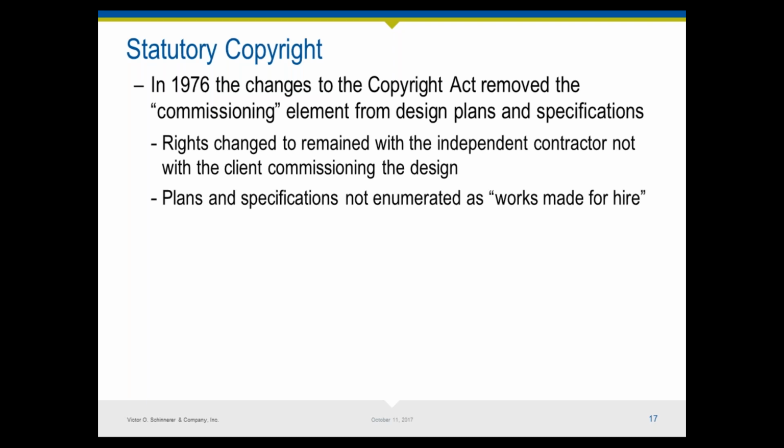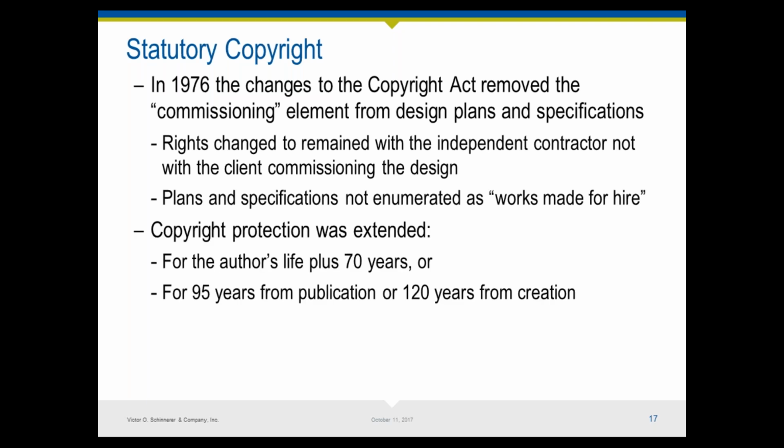Plans and specifications were not specifically enumerated as a work made for hire. The list, by the way, is a little vague, and you can look at it in the publications, but they did not include plans and specifications.